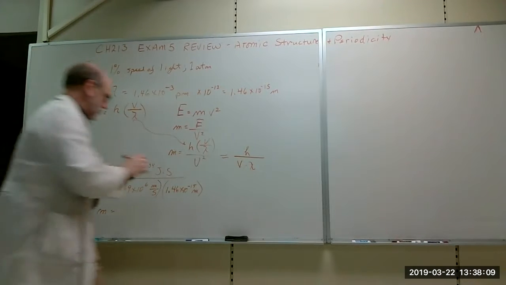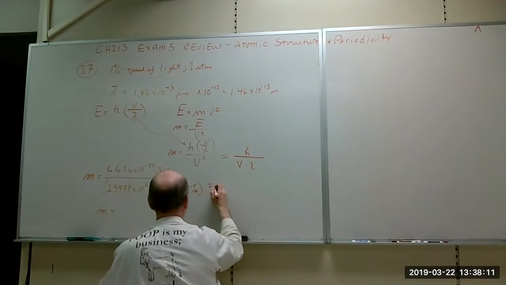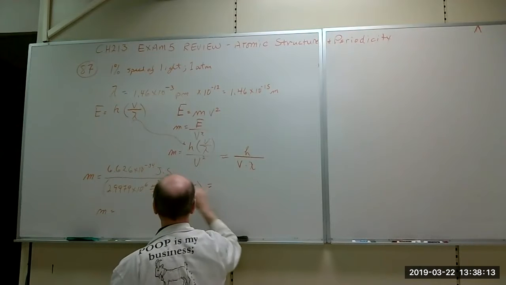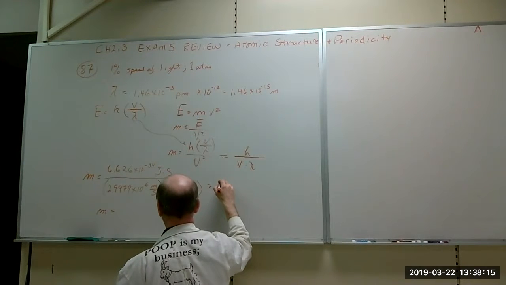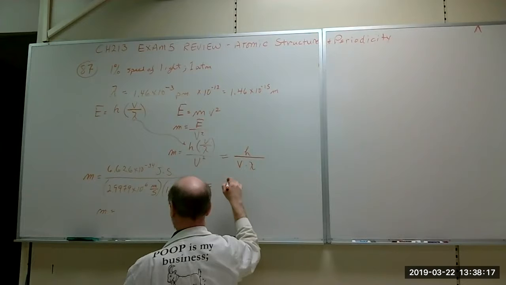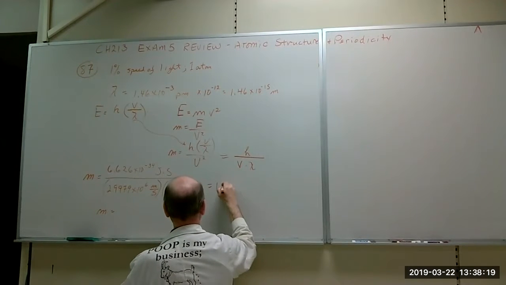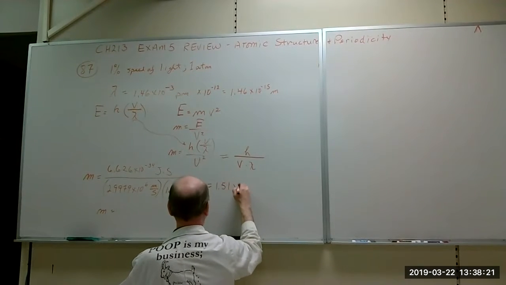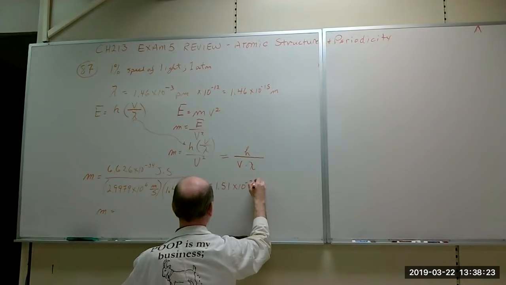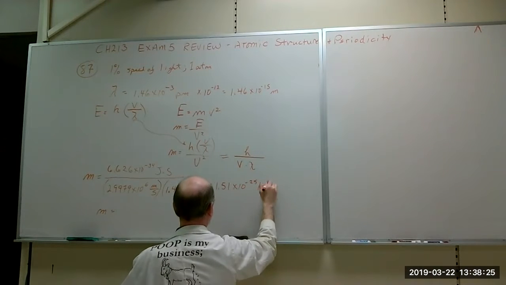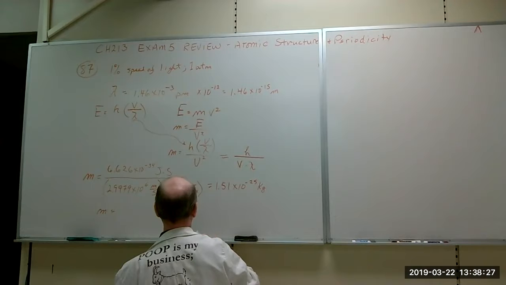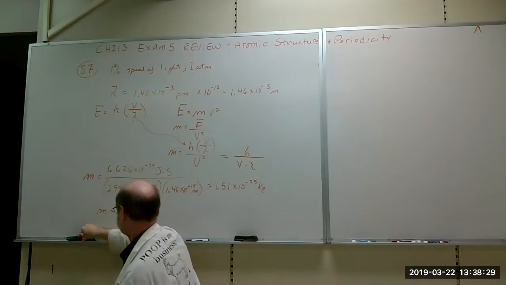So I get, these are all SI units, so the mass is going to be in kilograms. Right? 1 times 10 to the minus 25 kilograms. That's per atom.